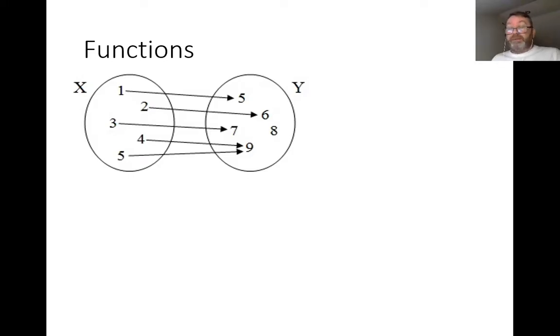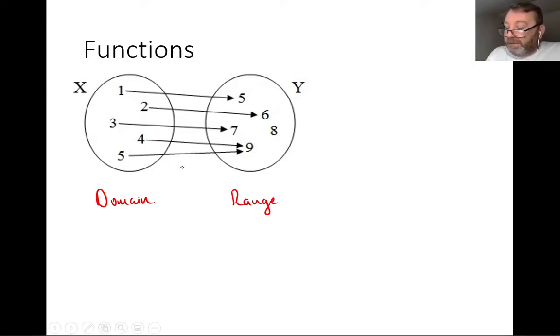Now in this case here, it's very easy to see what's happening. 1 goes into the machine as an input, 5 comes out. 2 goes in, 6 comes out, and so on. So what I would say here is that 1, 2, 3, 4, and 5 are my domain values. Now, something happens to those values on their way across to what we would call the range side. And that thing that happens in here is called your function.